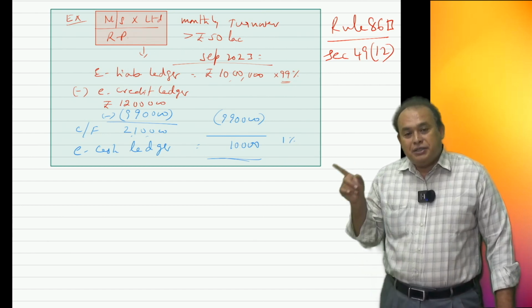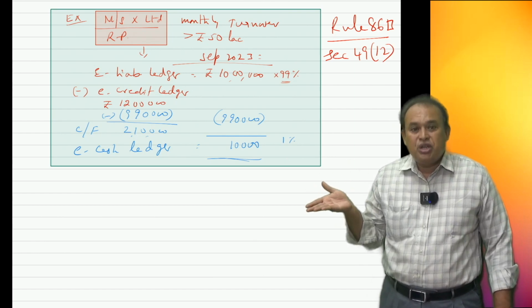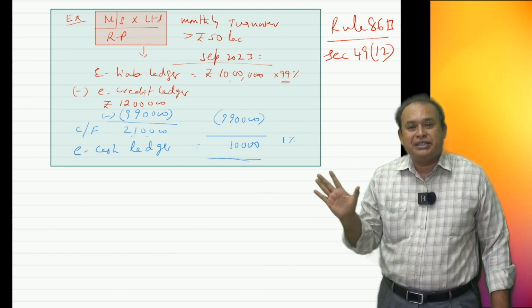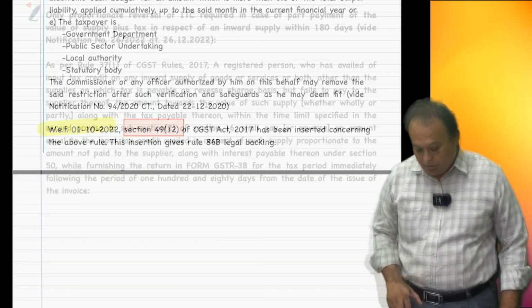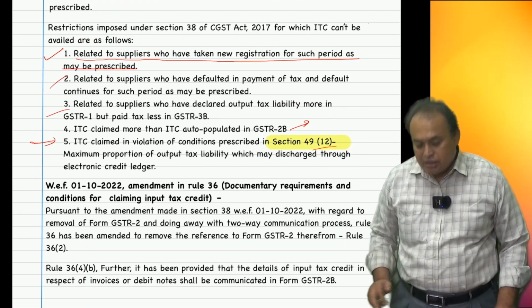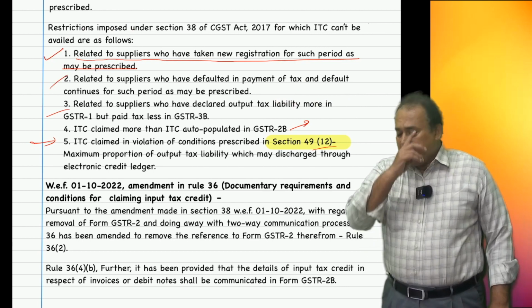If you violate this provision, where it is applicable, if you violate section 49 subsection 12, you are not eligible to avail the input tax credit, is the meaning of it. Credit is restricted under section 38. There may be a possibility that a question may come in the examination.